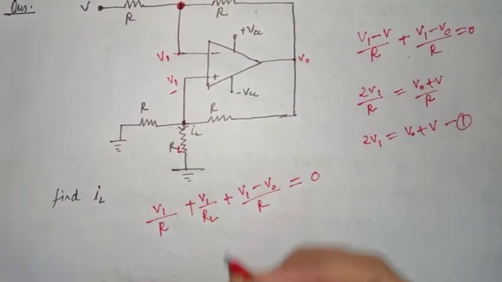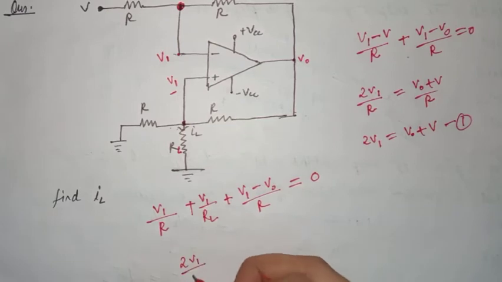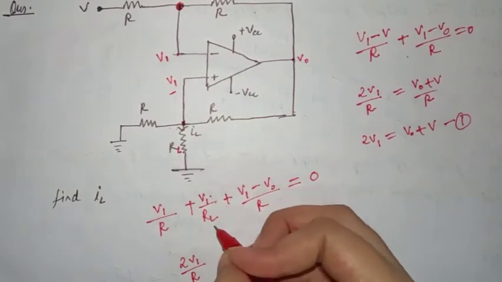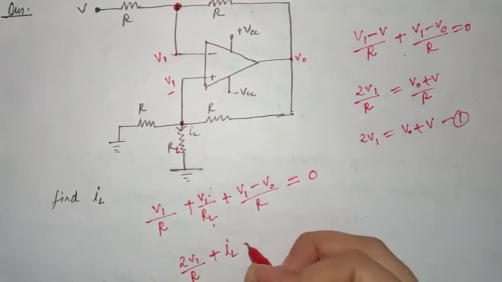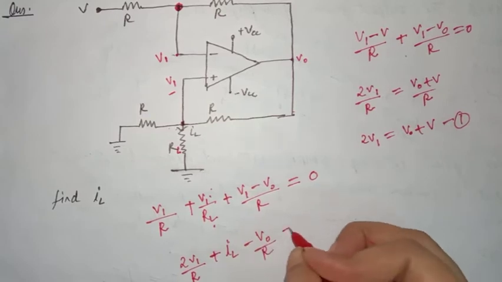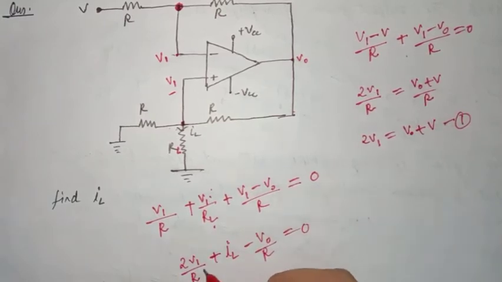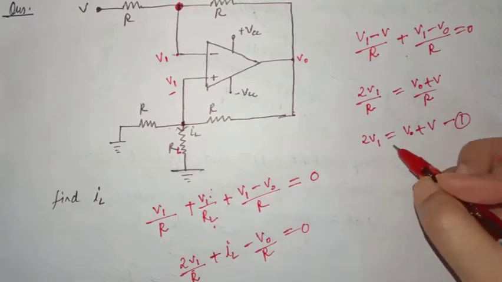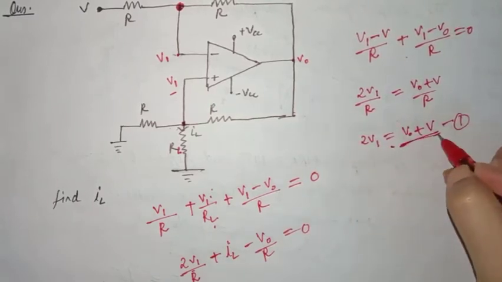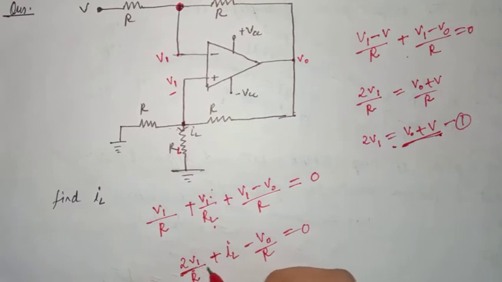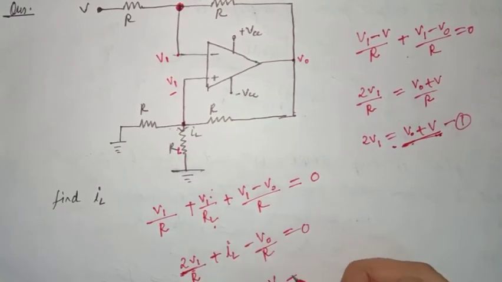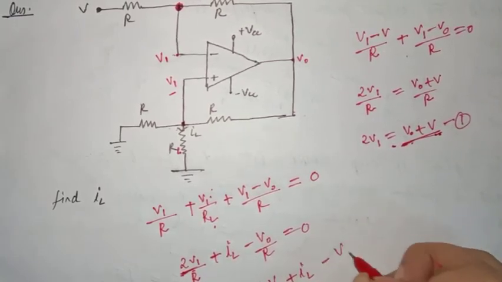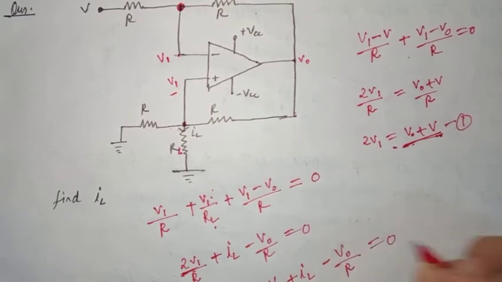Now from here we can write 2V1 by R, and V1 by RL is actually IL. So plus IL minus V naught by R equals to zero. Here 2V1 equals V naught plus V, so instead of 2V1 we can write V naught plus V. So V naught plus V by R plus IL minus V naught by R equals zero.